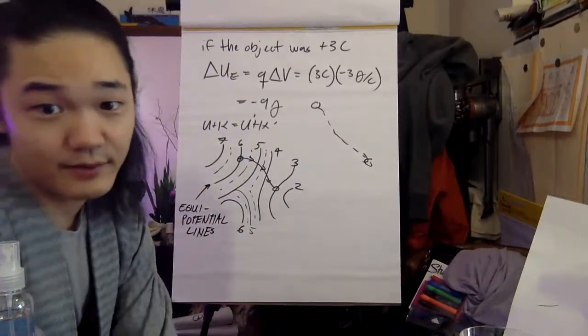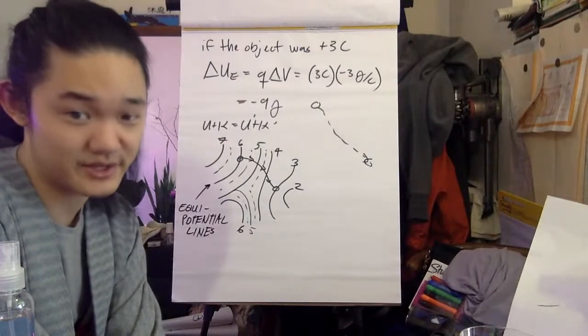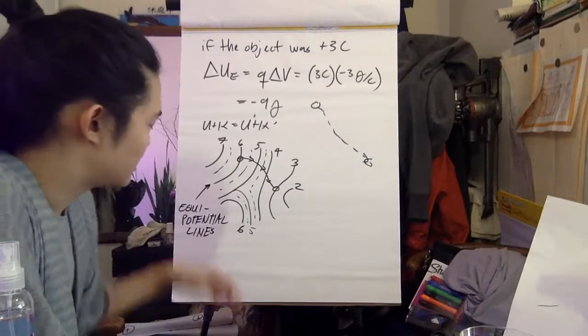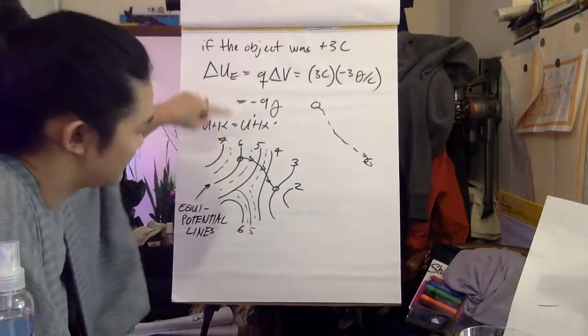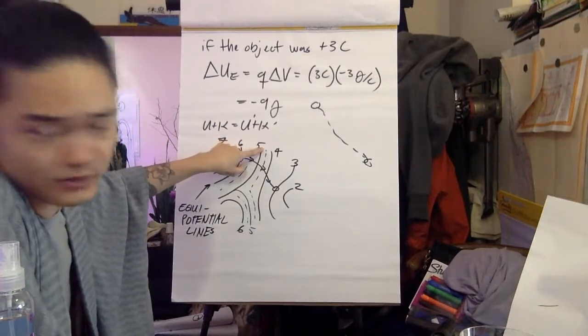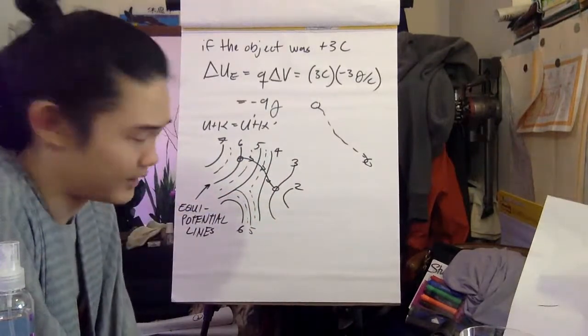They're exactly what they sound like. Along that line, the electric potential is equal. It's always the same, right? So along this equipotential, my potential is always 6 joules per coulomb. Along this equipotential, my potential is always 5 joules per coulomb. Here, I'm always 3 joules per coulomb, right?